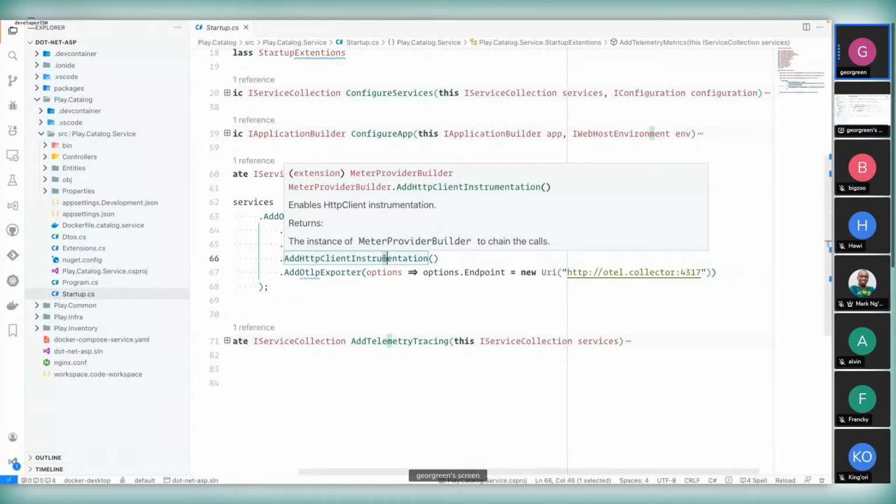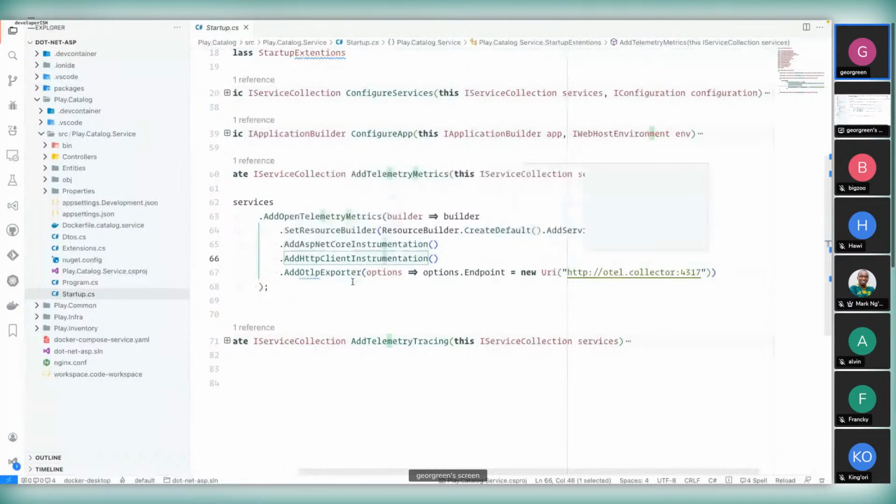It's not that doing these things is difficult, you can do them on your own, but when you use automatic instrumentation, you get this consistency between different services, because everyone is using the same library.